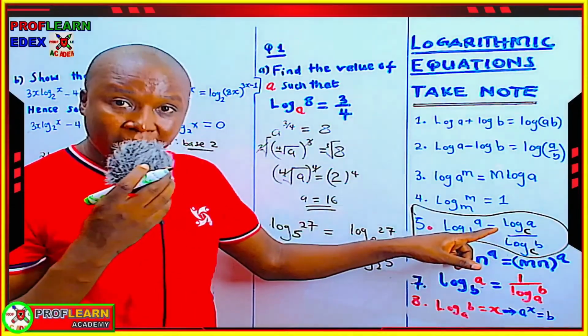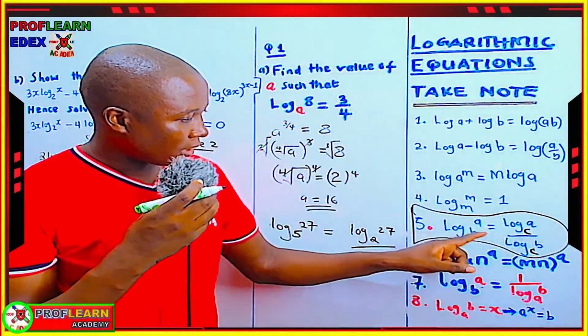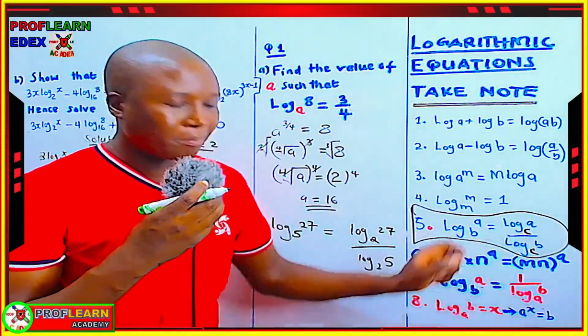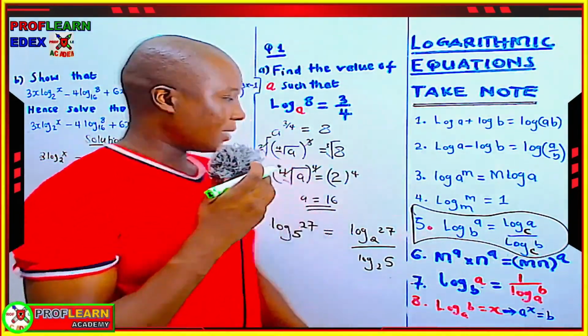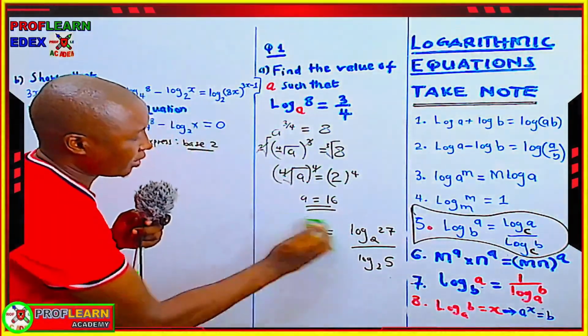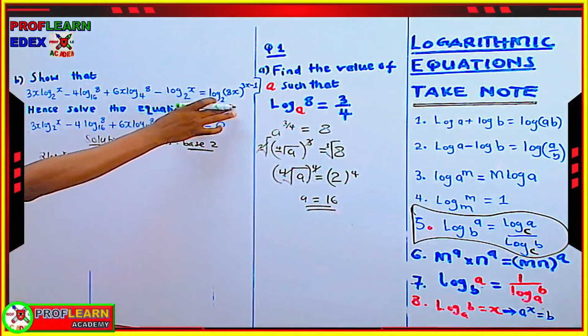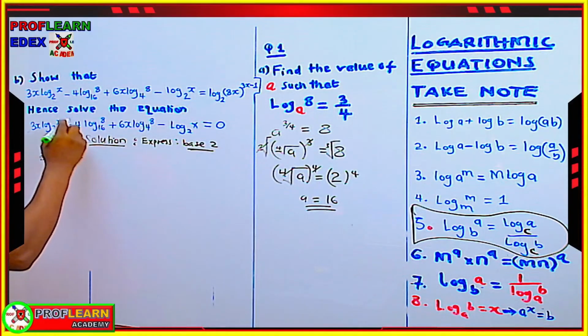So the second term is 4 log 8 base 16. So we have to change this base 16 to base 2. And to do that, this is going to be equivalent to 4 log 8 over log 16, then we write base 2.